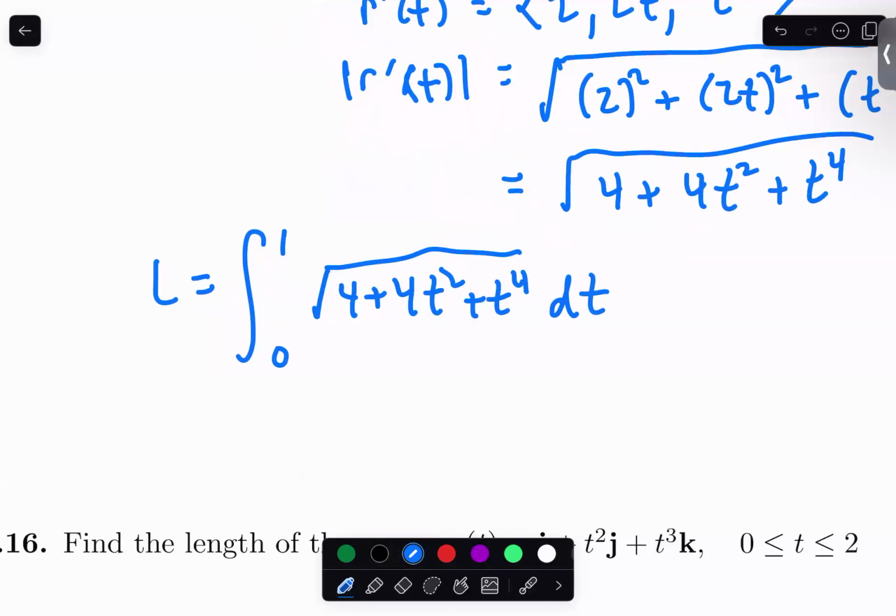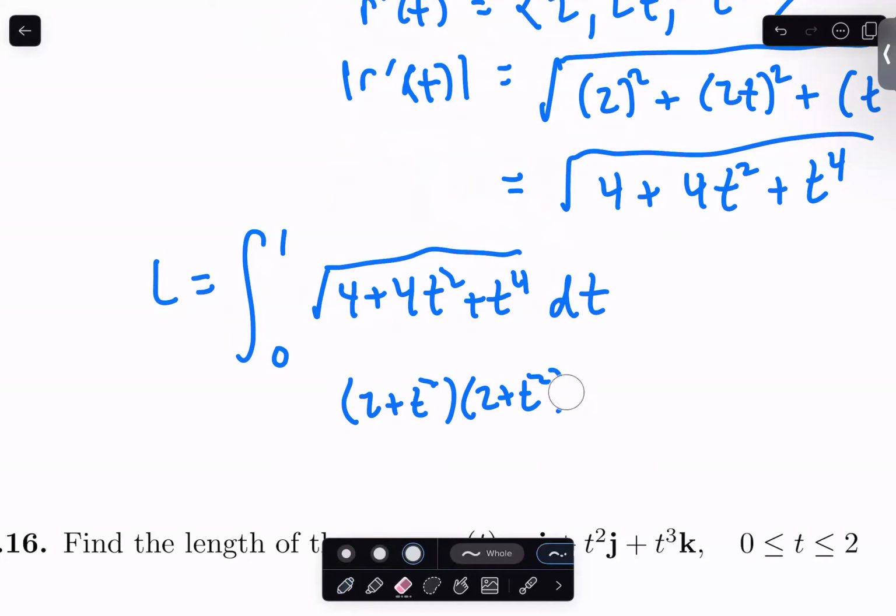If you let u be t squared, it would be like 4 plus 4u plus u squared. If you factor it, you get 2 plus t squared times 2 plus t squared. AKA, it is a perfect square. It's just something multiplied by itself.